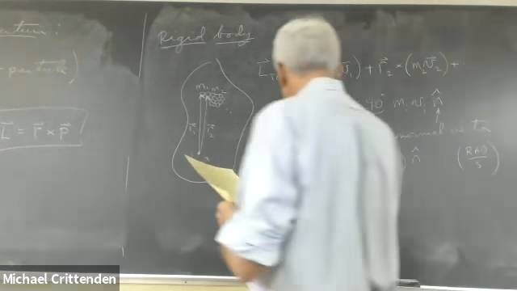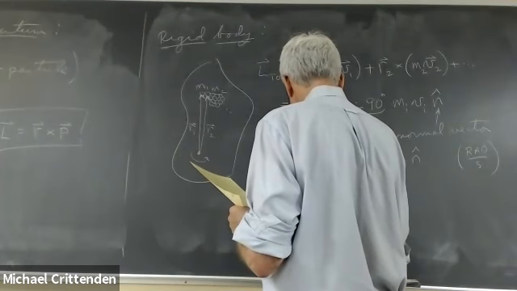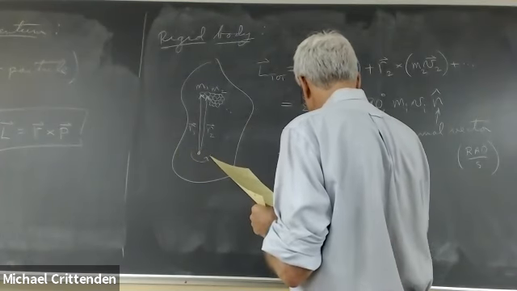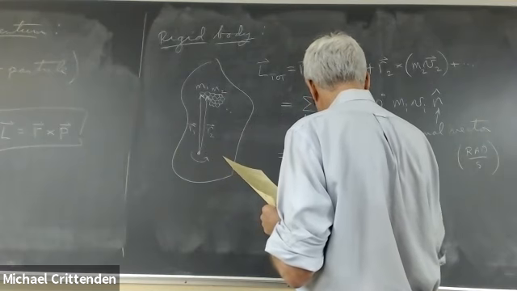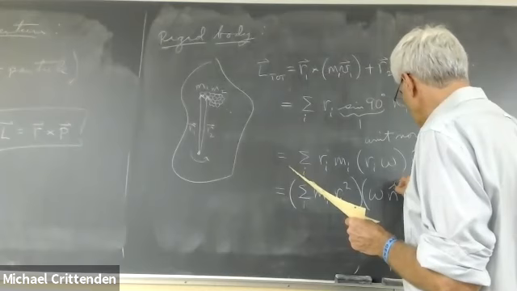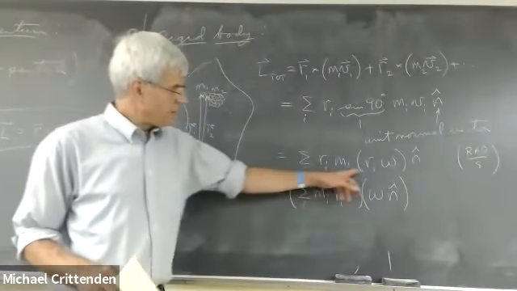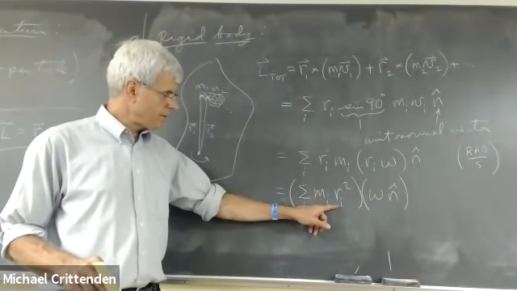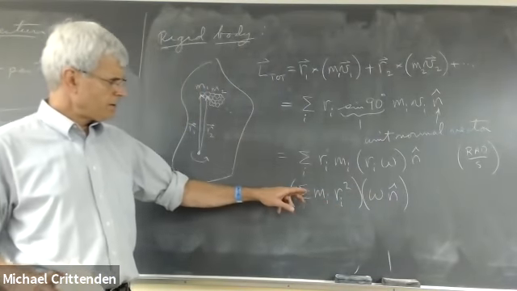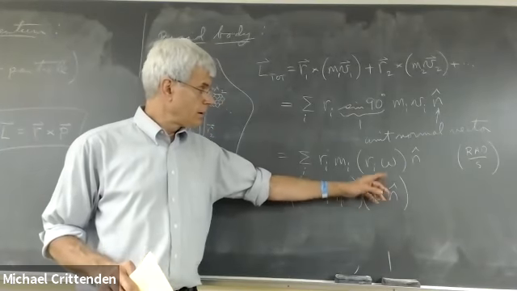Let's rearrange a few things. Combine the two r's into an r squared. And then this is the distributive property.